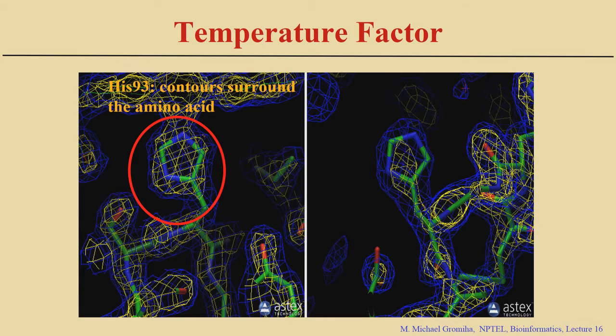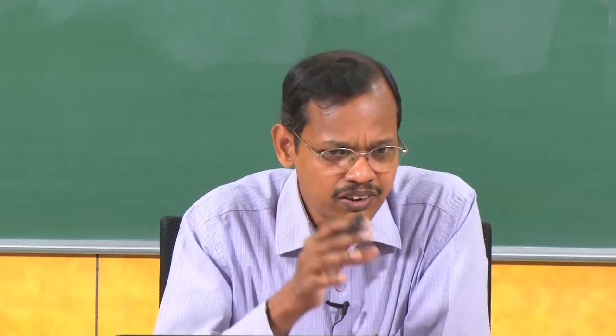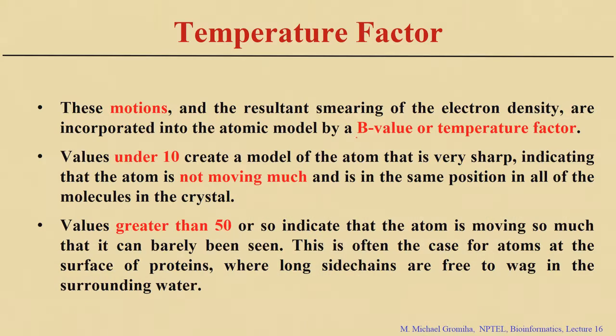This contour can accommodate this particular residue, but in some cases the contour is not able to accommodate the full residue because it is vibrating more inside this map. So you can get this information and account for these motions in the PDB structures. This is what gives you the B factor, or temperature factor.